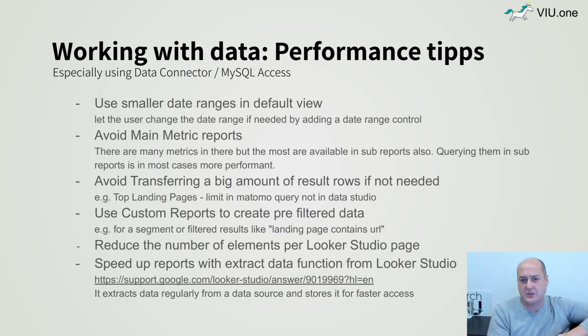Avoid the main metrics report. It's a report which comes through the API where many metrics are included, but it takes longer to load. In most cases, the metrics are also in some sub-reports. Avoid transferring a big amount of result rows.